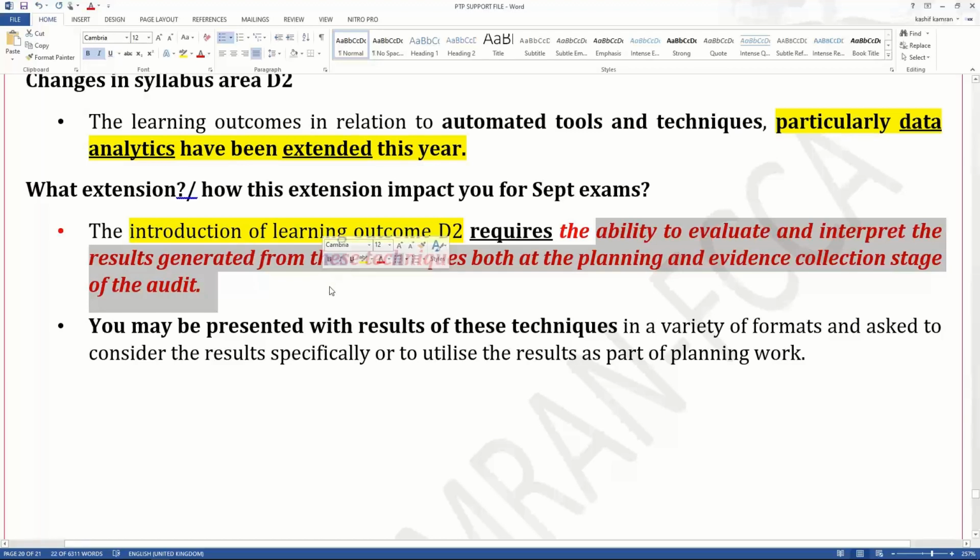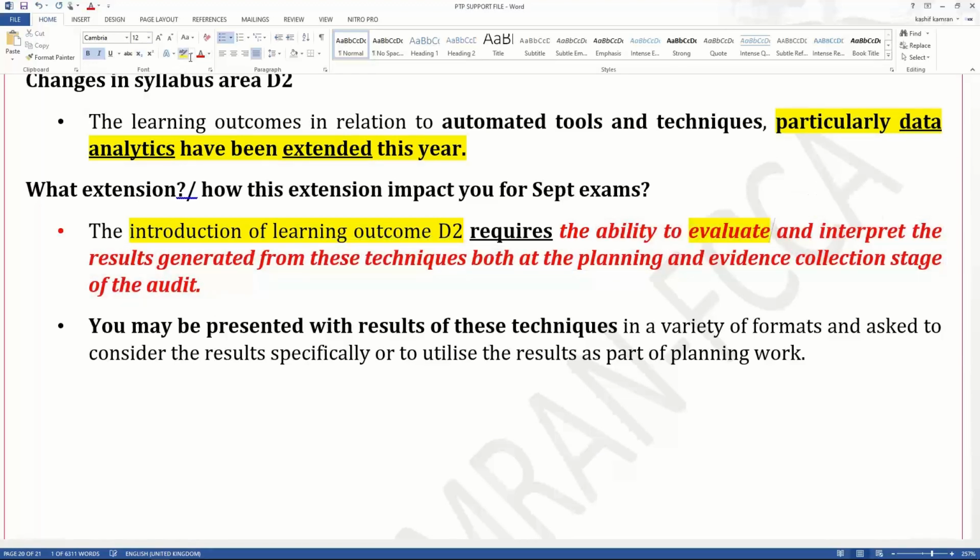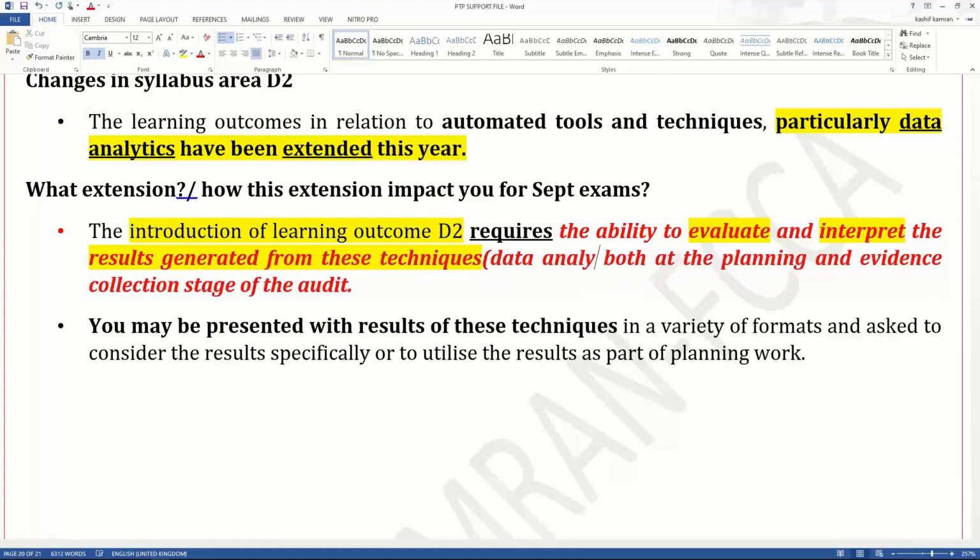The examiner is saying, as a student going for the September exams, you should have the ability to evaluate, and an ability to interpret, the results generated from these techniques. Which techniques? These techniques mean data analytics, because that has been extended this year.